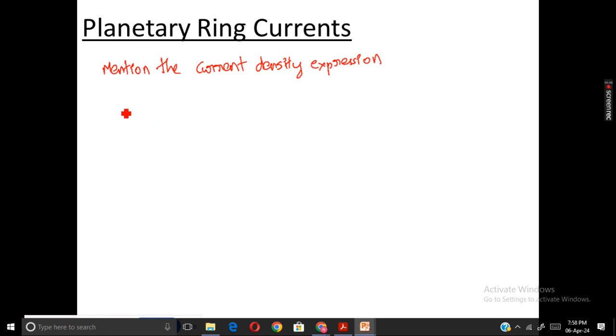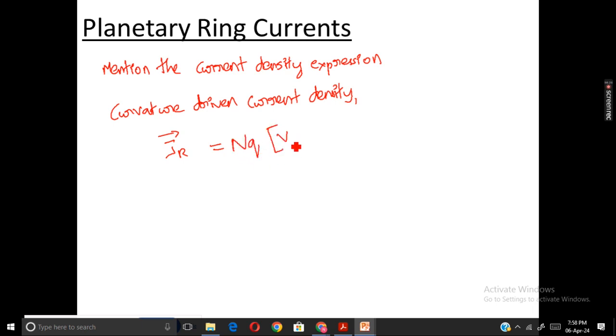So there is both curvature driven current density and gradient driven current density. The curvature driven current density is given by J_R equals N Q into V_R of ions minus V_R of electrons.